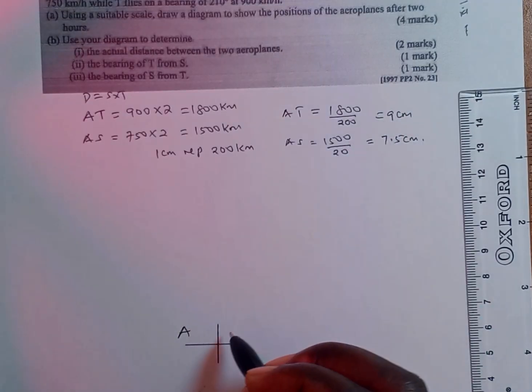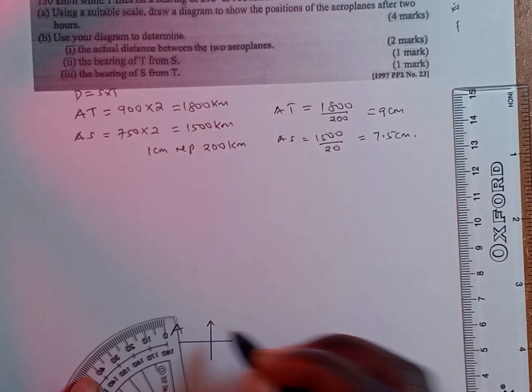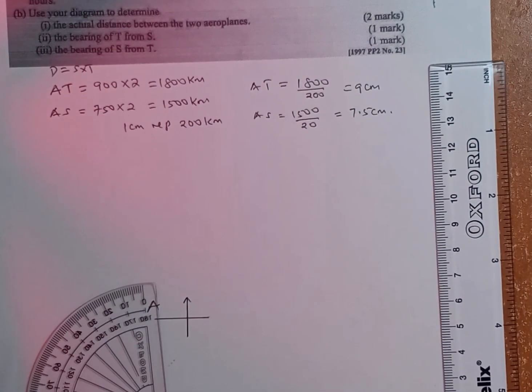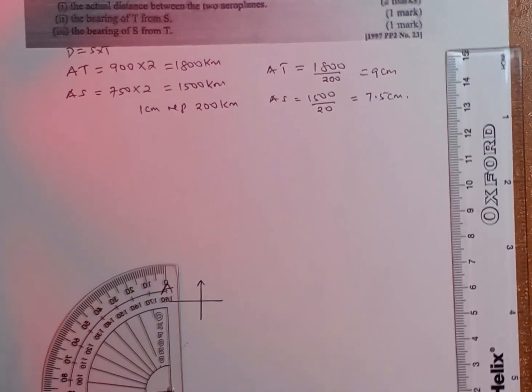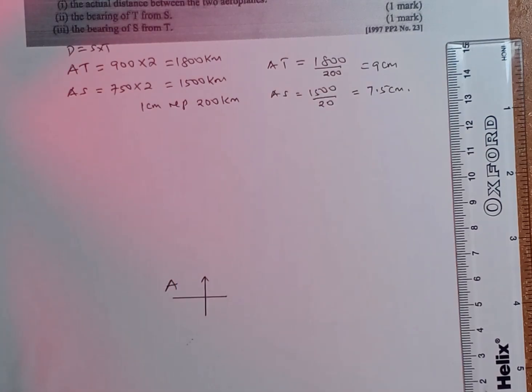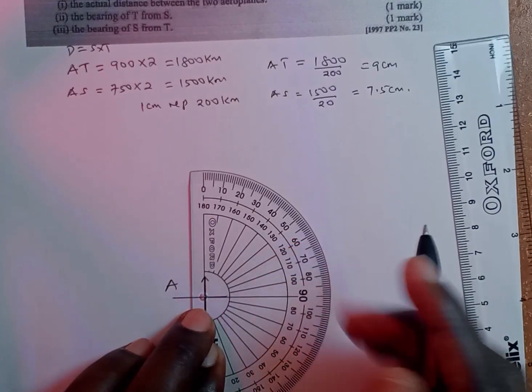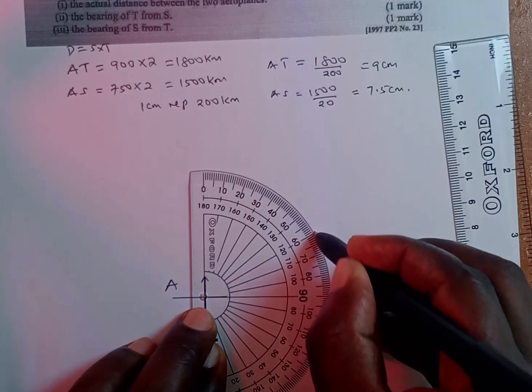So from A, we are going to measure 60 degrees. Remember, angles are measured from the North Pole in the clockwise direction. 60 is at this point.